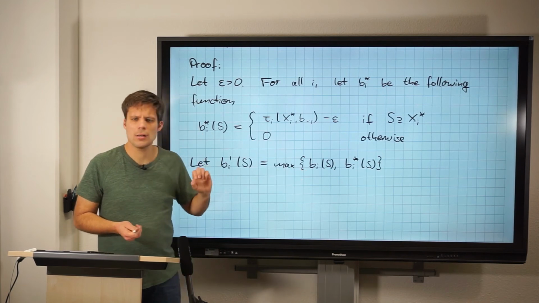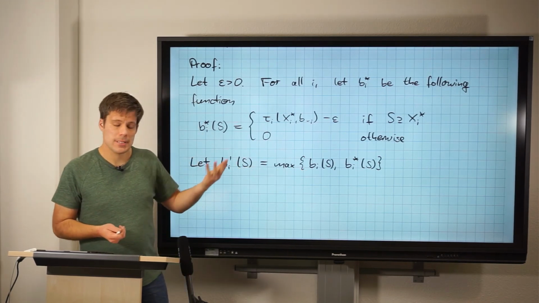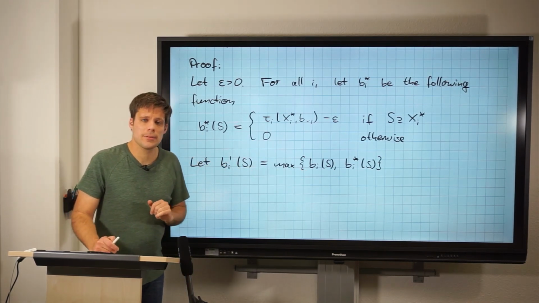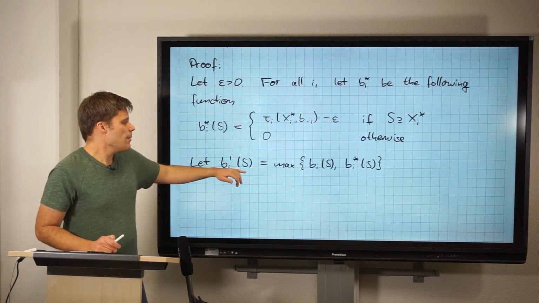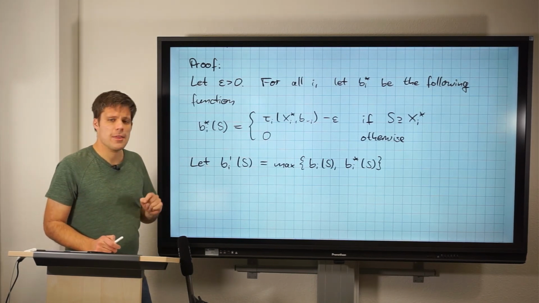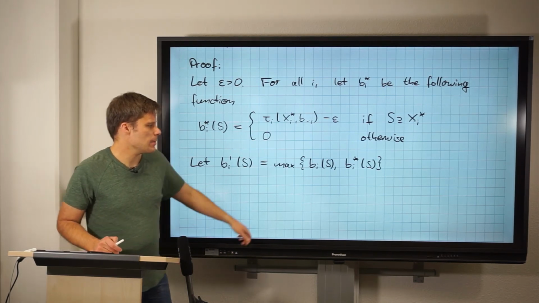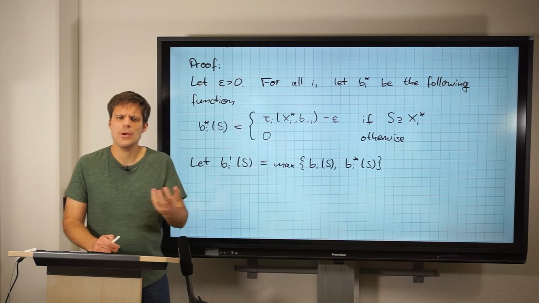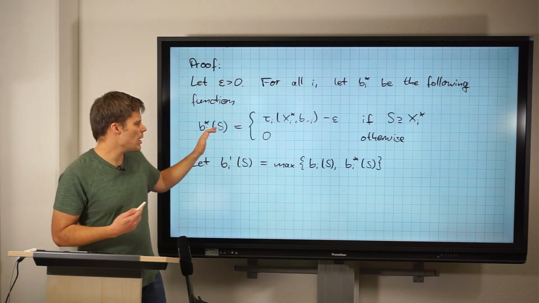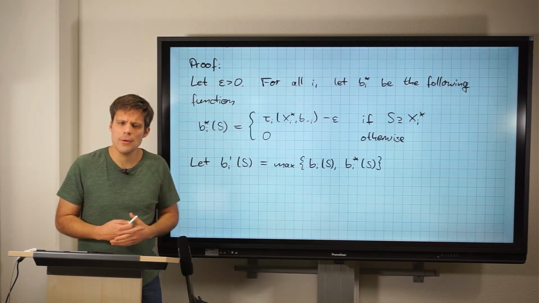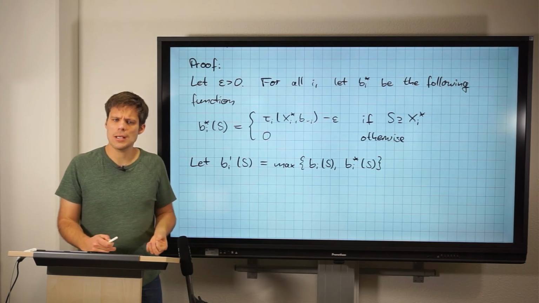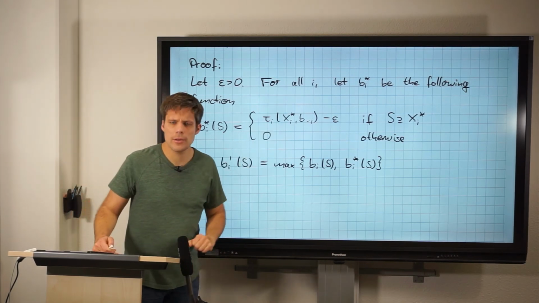Even here, what you get, and this is something that we'll be proving more formally, when you're bidding b_i prime, you're still getting the same thing as when you're bidding b_i, although you're maybe bidding more on the set x_i star, you're not getting more because you're bidding below the critical bid.